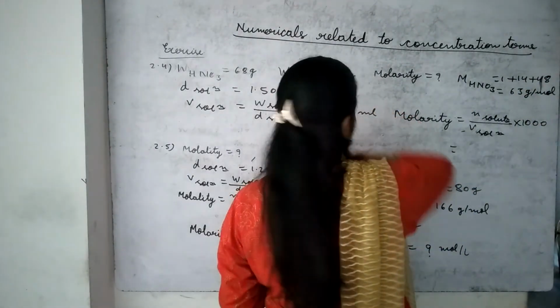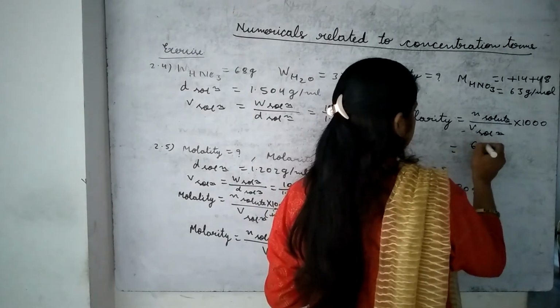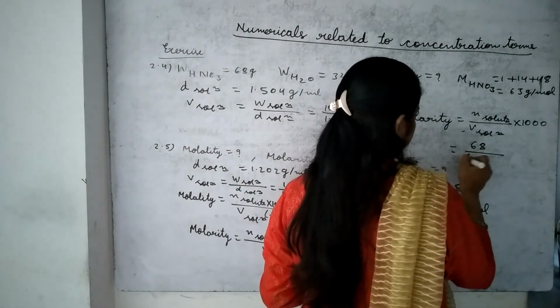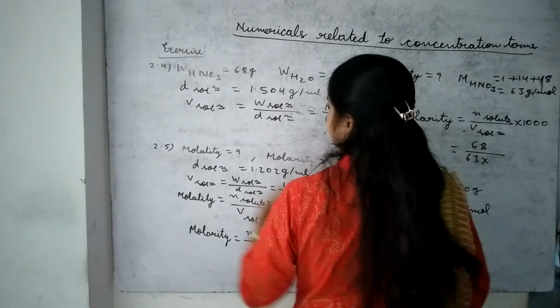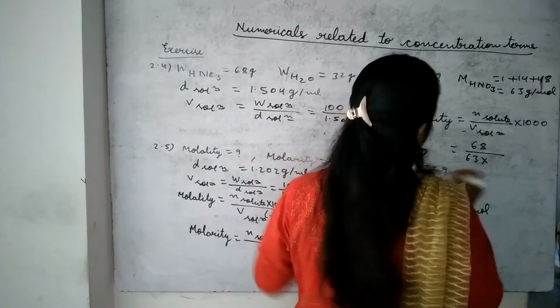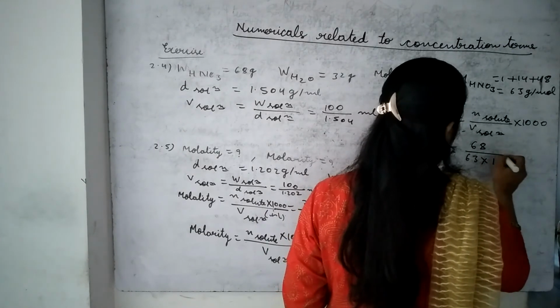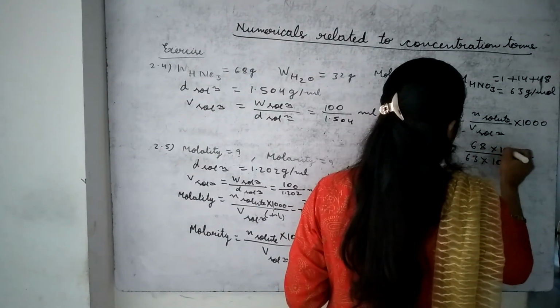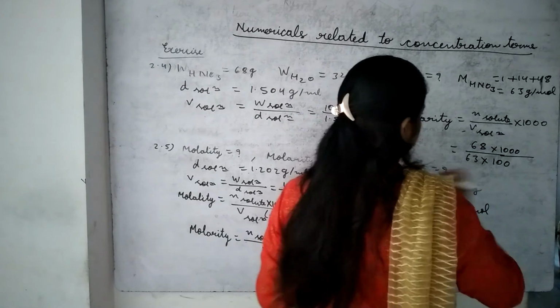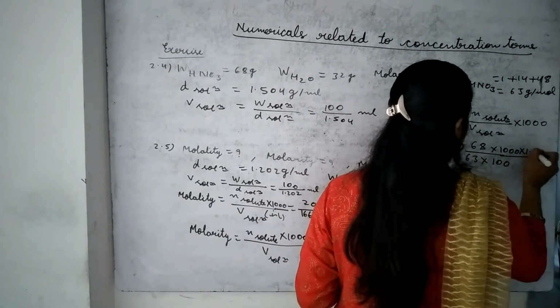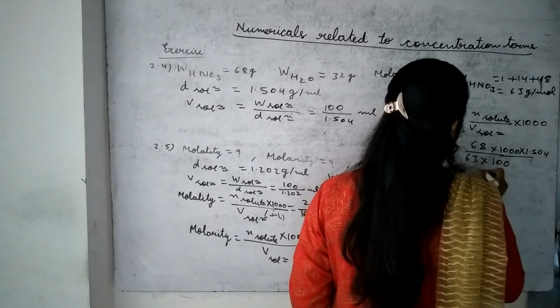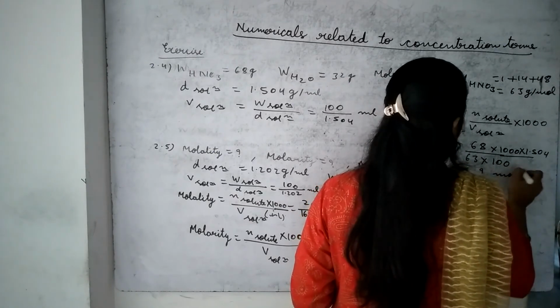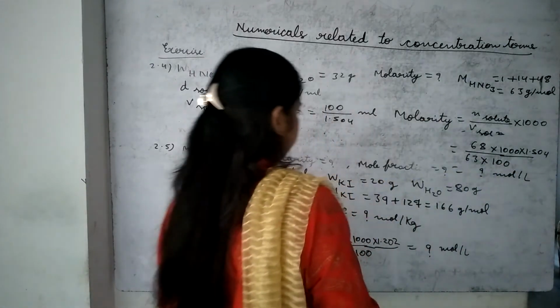Now this is 68 gram mass given divided by 63 gram per mole molar mass. Volume of solution is 100 divided by 1.504, so this will be multiplied outside and then we'll find the answer. It will be in mole per liter.